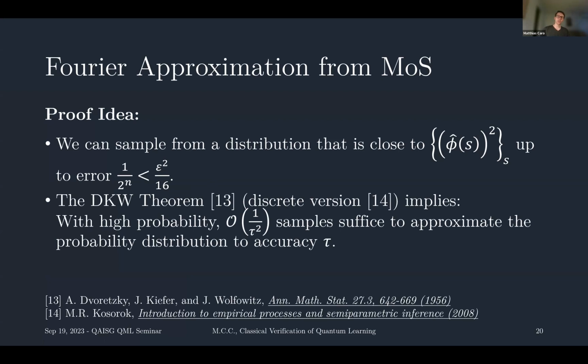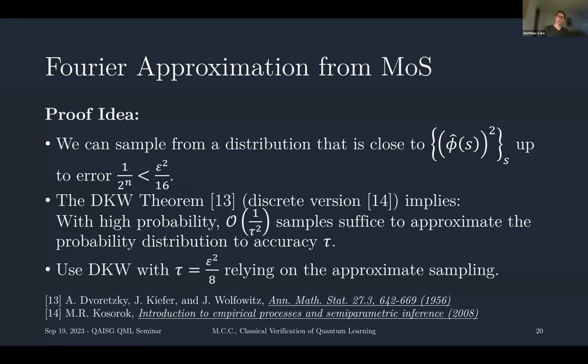And that says if you want to approximate a discrete probability distribution to a certain accuracy tau, then you only need order 1 over tau squared samples from that distribution. Notice that this is independent of the support size of the distribution, which is good for us because the support size is exponential in n, so we don't want to depend on that. And now we can just combine the two, so essentially use DKW with an accuracy that's epsilon squared. We need the squares because here we have a square. And then you combine that with this approximate sampling, and you can get to a result.